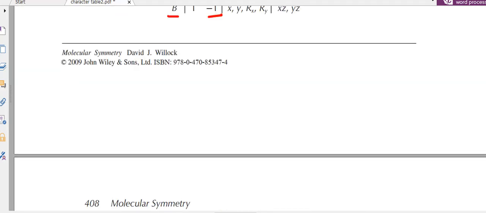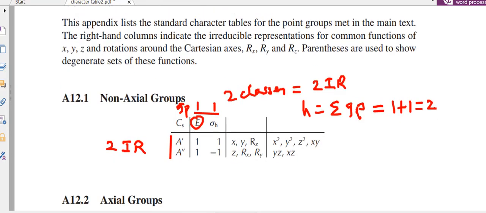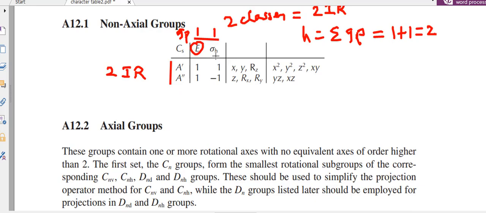We'll take the case where sigma h alone is present here. When it is symmetric, that is, you have only plus 1, then what you find here is a dash.